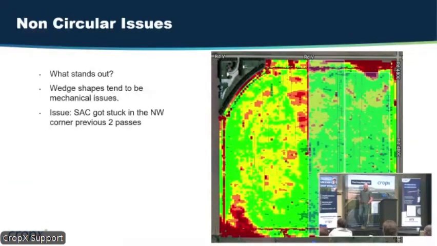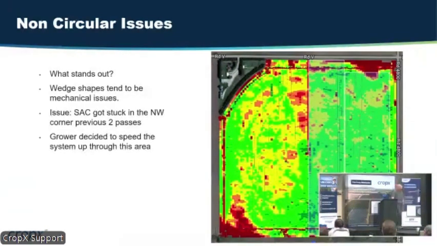How do you think the grower fixed it? He sped it up to 100% because that was going to fix his issue. What did he just do? Yeah, and absolutely, in his eyes, he fixed the problem, but he doesn't know how pivots work. He's ran pivots his whole life and never took this into consideration.